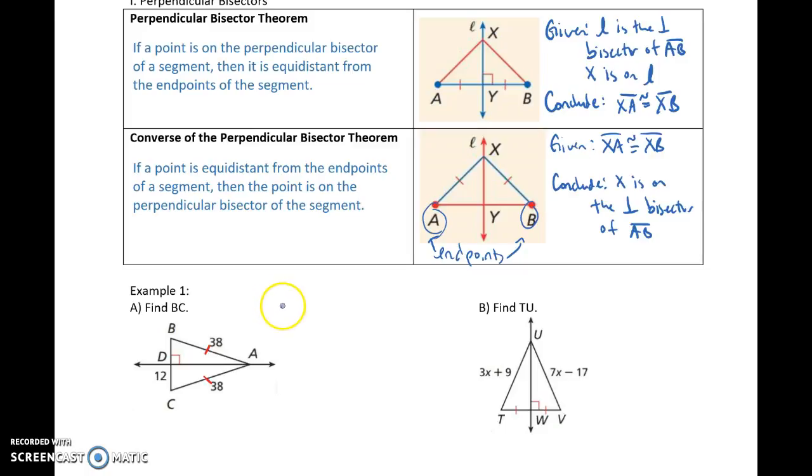If we know that AB is congruent to AC, that means AD is the perpendicular bisector of BC, because if that point is equidistant to the endpoints, then it must lie on that perpendicular bisector. This is the converse of the perpendicular bisector theorem.